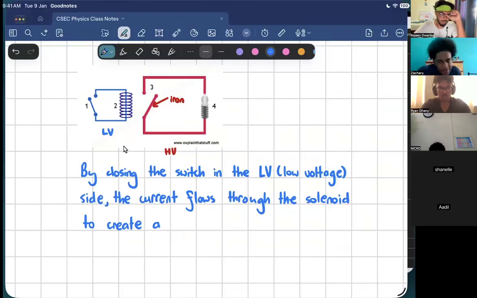To create a what? Finish my sentence. Come on, guys, lock in. I'll let you finish. Magnetic field.